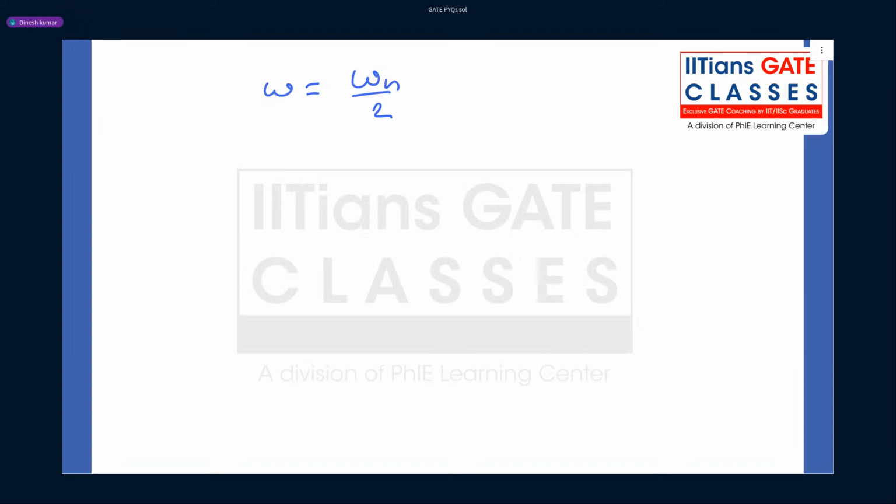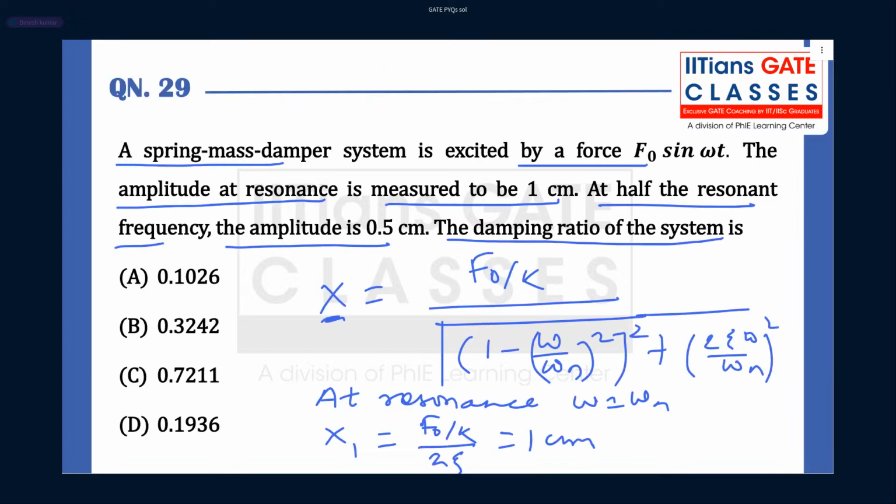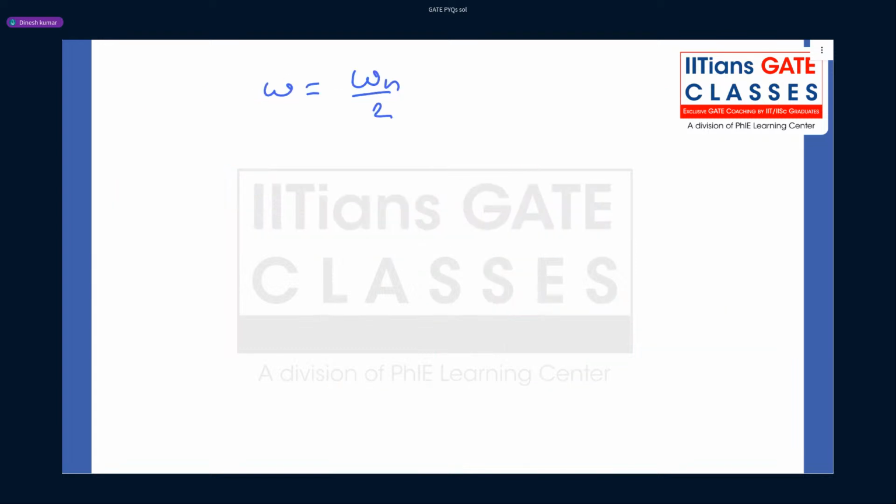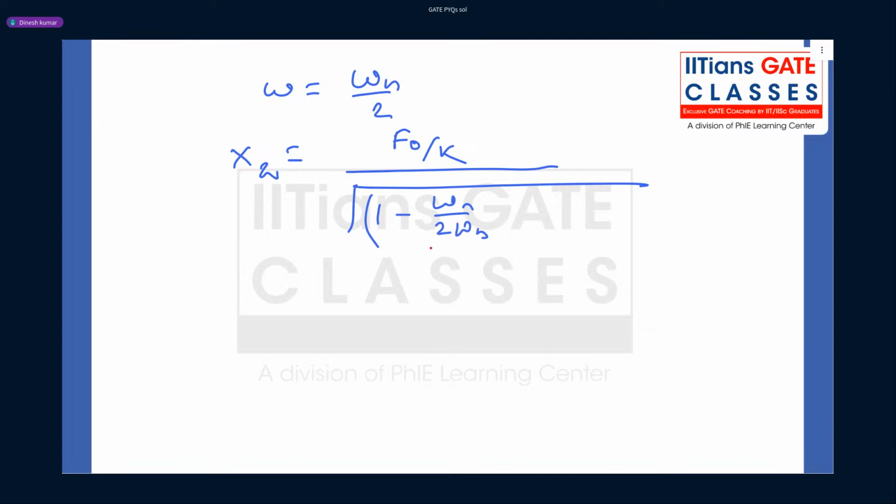They have given it as 0.5 centimeter, which means your x2 is again F naught by k upon under root of (1 minus (omega n by 2 upon omega n) square) whole square plus (2 zeta omega by omega n) whole square, and this is given as 0.5 centimeter.